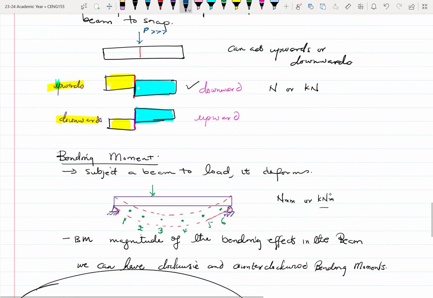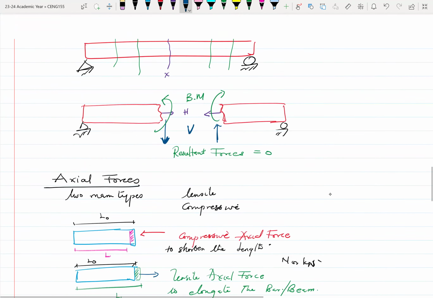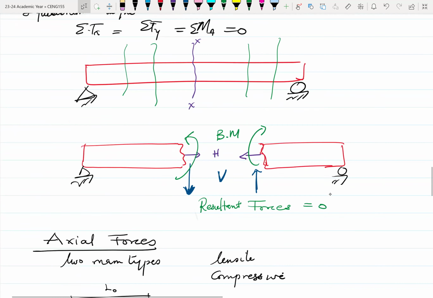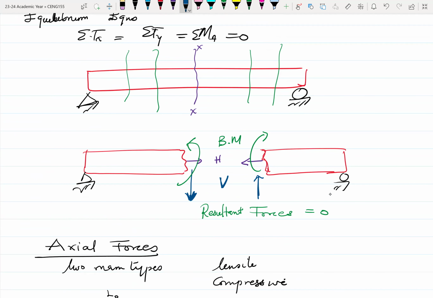So going back here, if you cut the section, let's say we want to find the shear force at XX. We break the beam apart at that point, and we want to find the shear force V. We can use either the left-hand side or the right-hand side to solve it. In that way, we'll still get the same V. The left-hand side is usually the one we go with, but the right-hand side is also fine.